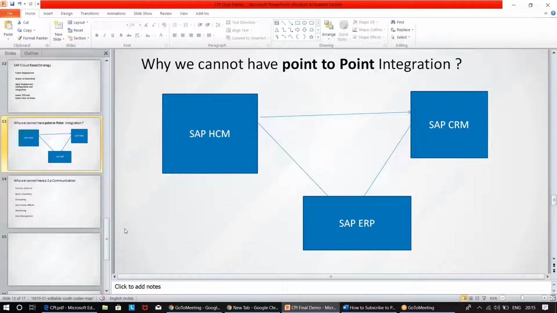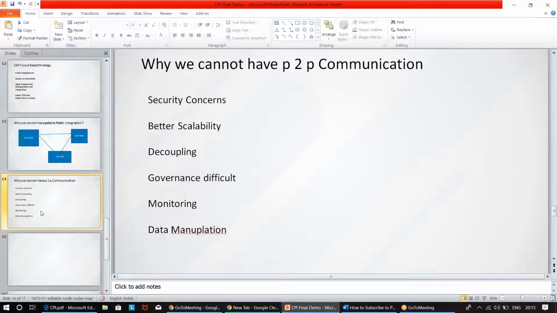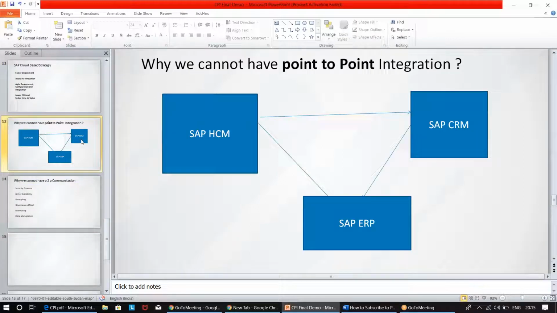So governance will be a challenge. The next point is your monitoring. Let's say an employee record is going out from this CRM system to your HCM. We will not be able to monitor the payload exactly, because we are making a direct call into the system.